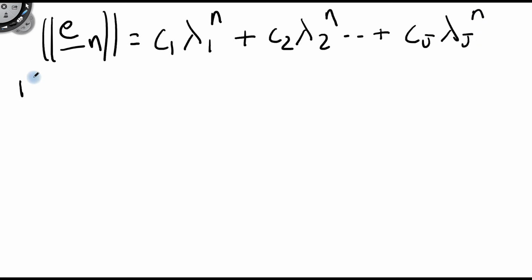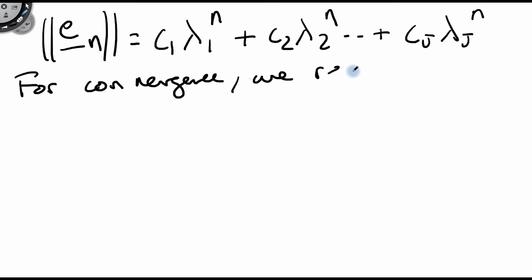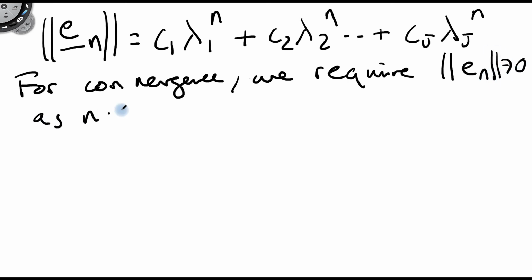So for convergence, we require the norm of the error to go to 0 as n tends to infinity. That implies all lambda i's. I missed out one key thing actually.